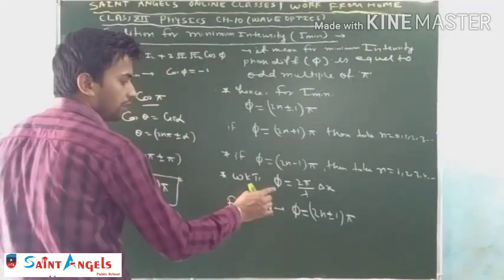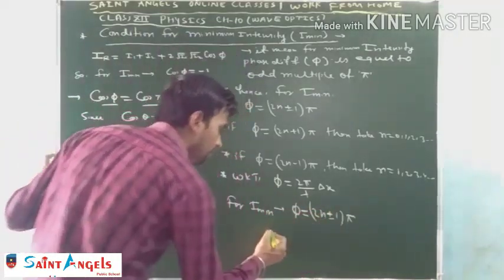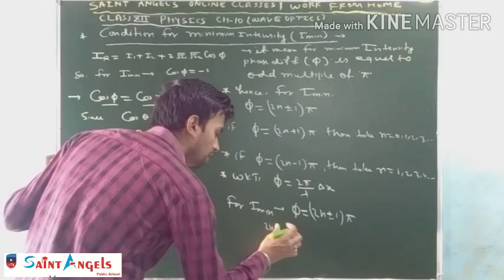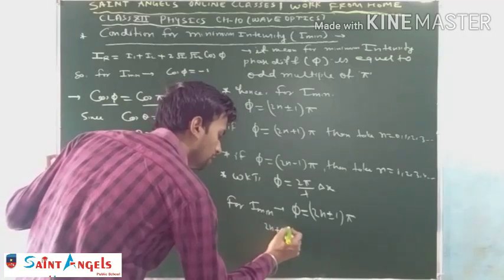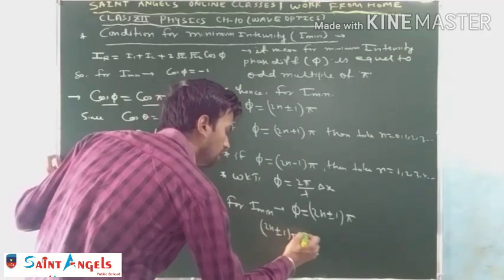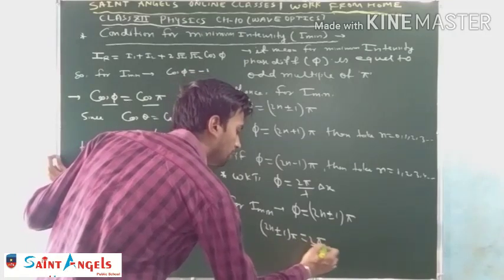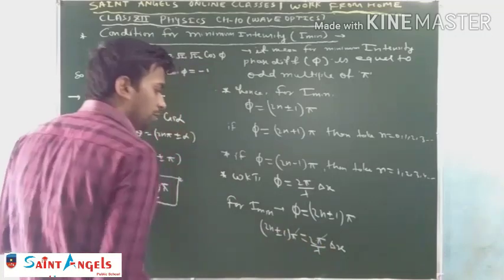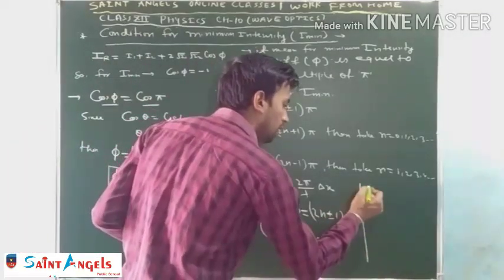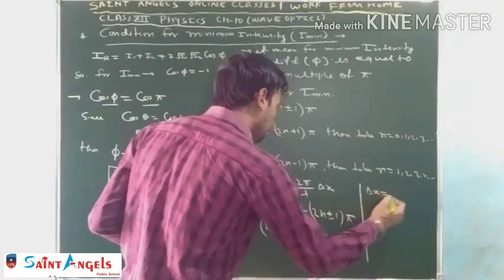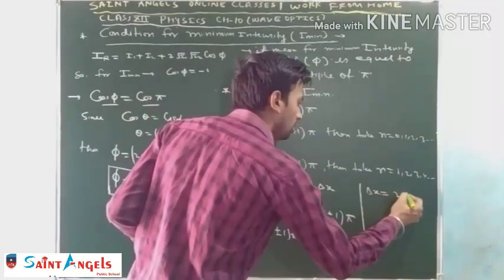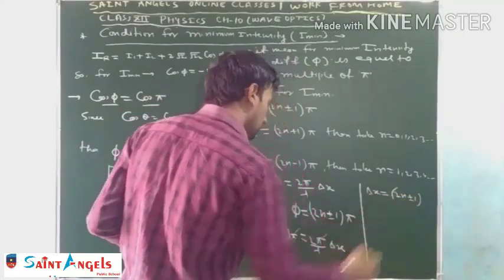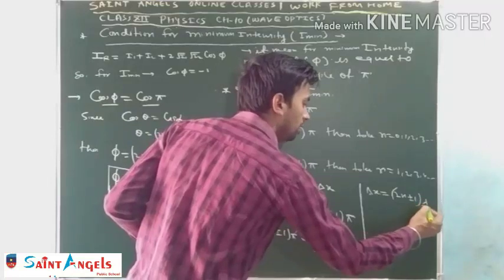Put the value of phi in this equation. We have 2n plus minus 1 into pi equal to 2 pi upon lambda into path difference. Pi and pi cancel. So path difference delta x equals 2n plus minus 1 into lambda by 2.